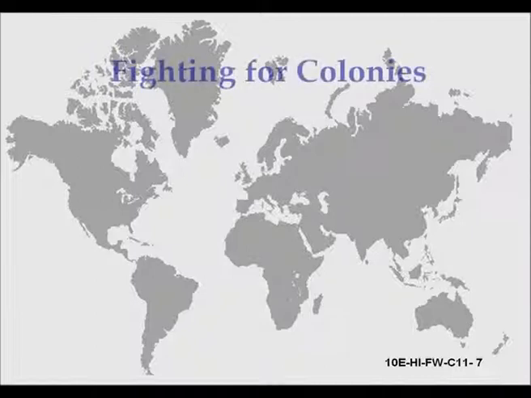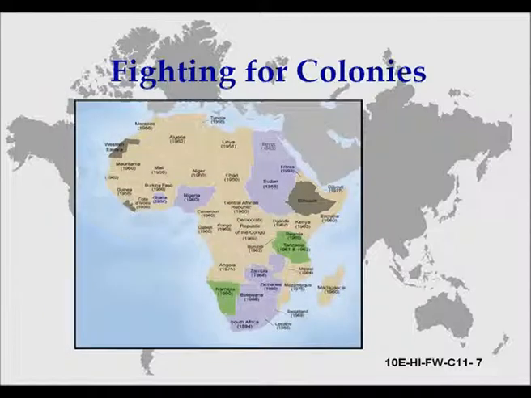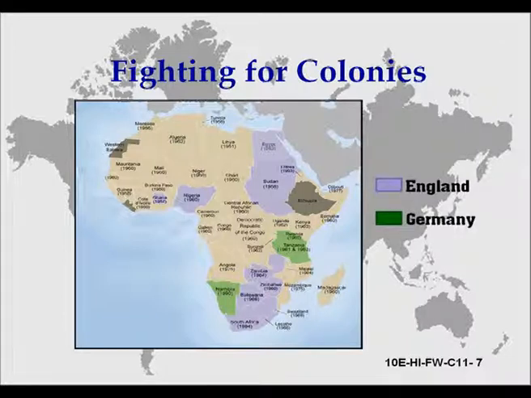Fighting for colonies, and this took place especially in Africa. There were two important countries, mainly Germany and England. English colonies are shown in purple color and that of Germany are shown in green color.